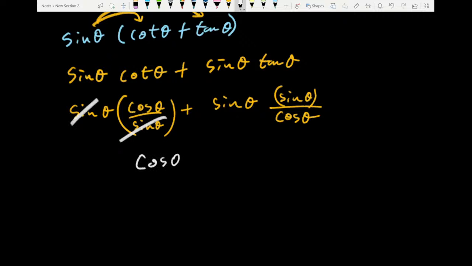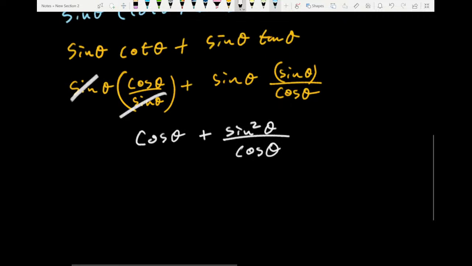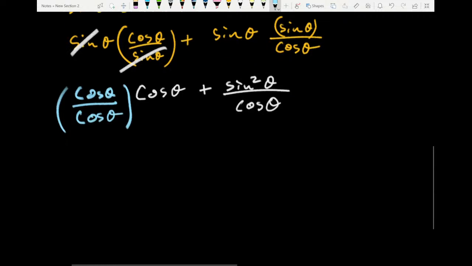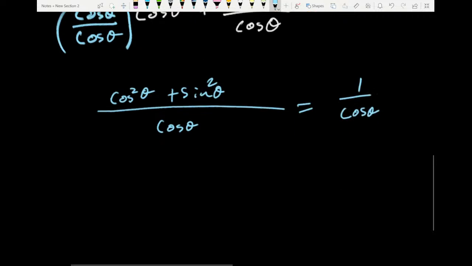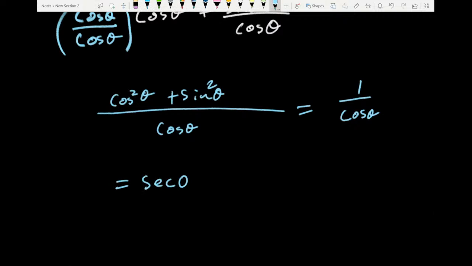You just get cosine of theta plus sine square of theta over cosine of theta. Well, if I want to combine it over here, this becomes cosine square of theta plus sine square of theta over cosine of theta. And we know cosine square of theta plus sine square of theta is 1, so you get 1 over cosine of theta, which becomes secant of theta.